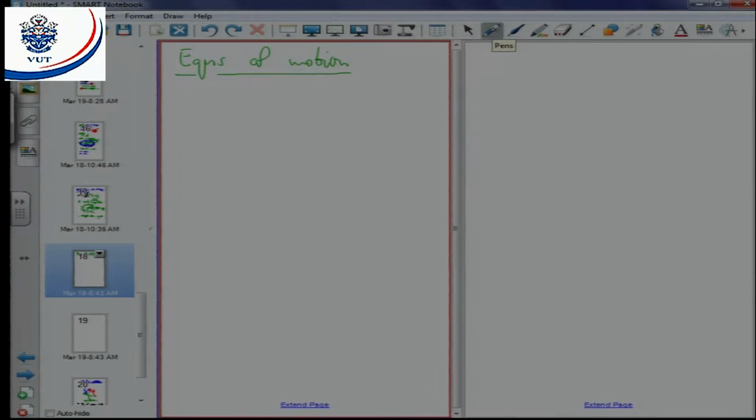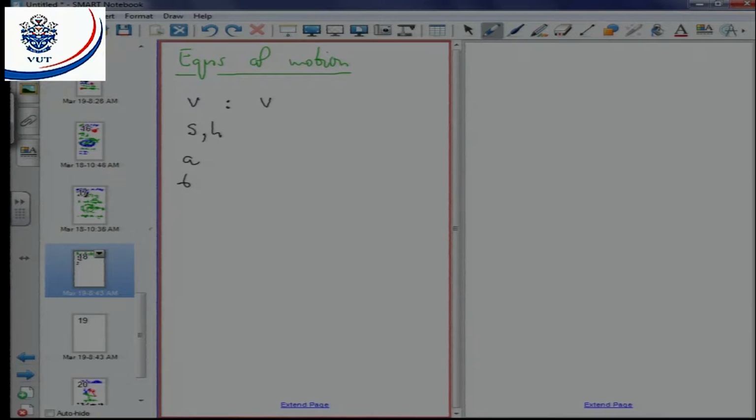So just a reminder, we spoke about speed and we said we use v for speed. We had s or h for distance, we had a for acceleration, and t for time. So using these symbols, we differentiate between speeds.